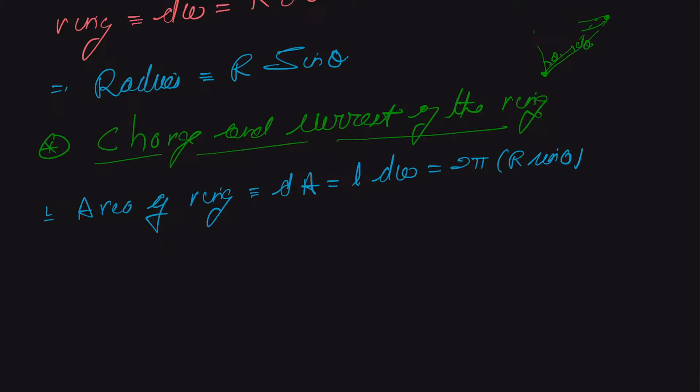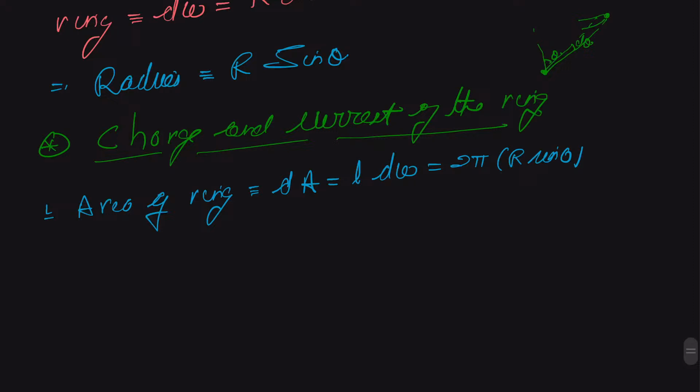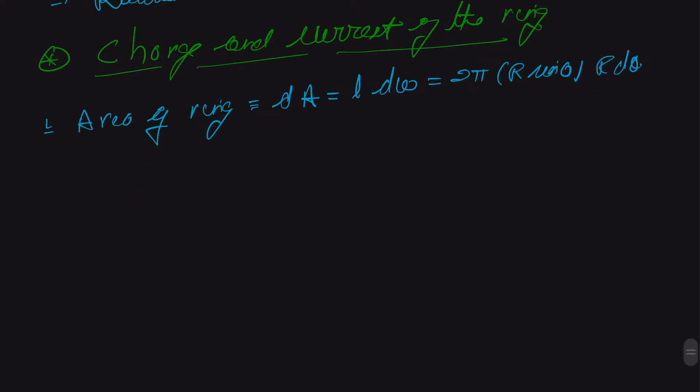And the width is r d theta. Therefore we can write that its area will be equal to 2 pi r square sine theta times d theta.